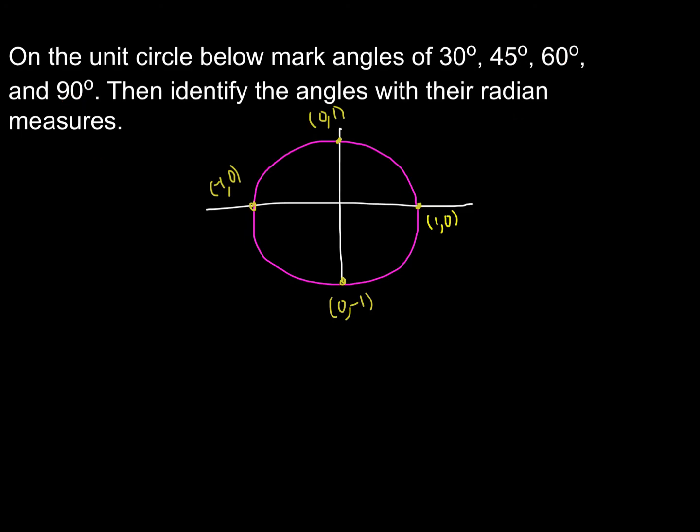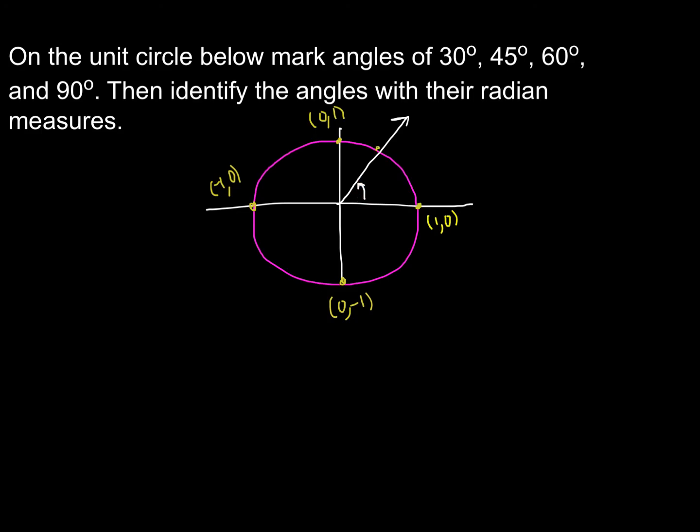So let's do 60 degrees together. Remember, this is the initial side of our angle, and we rotate counterclockwise around the unit circle. If I'm going to rotate 60 degrees, that would be about here. I always denote an angle by writing an arrow where it starts and pointing towards where the terminal side finishes.